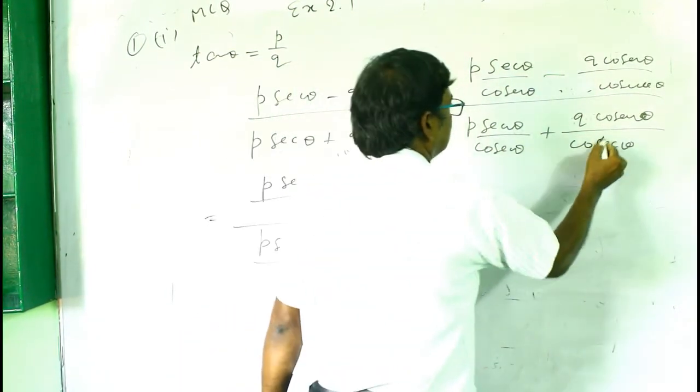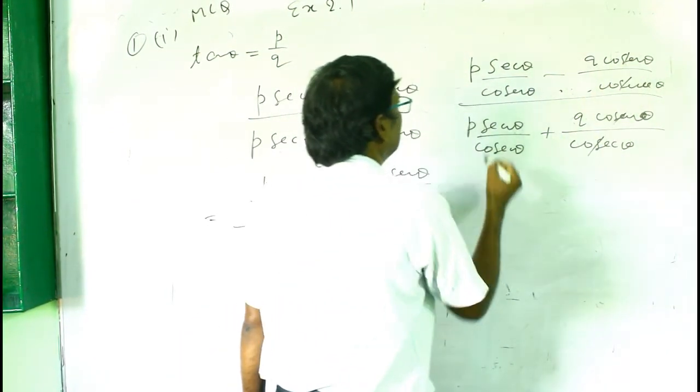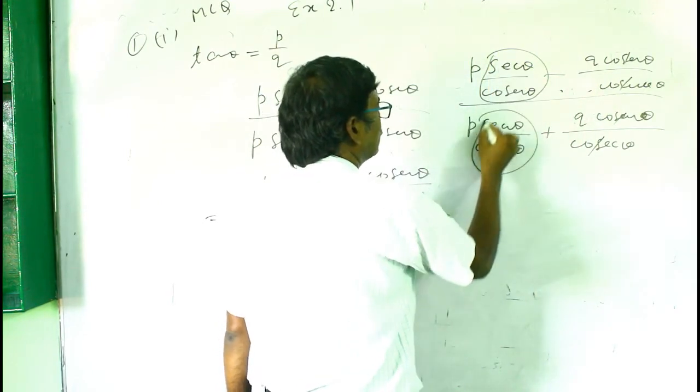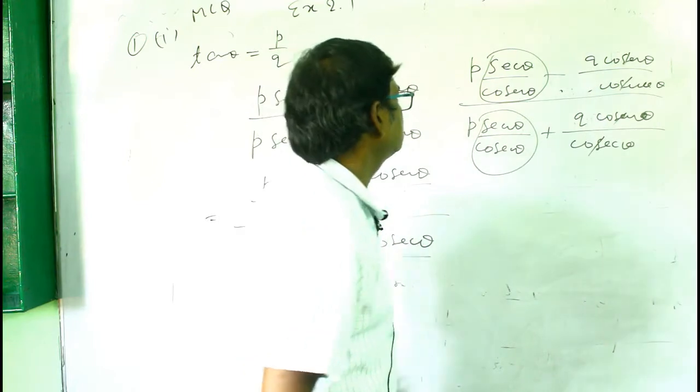Now this cosec will cancel out here, and this sec theta by cosec theta will be tan theta, as I explained to you just before.